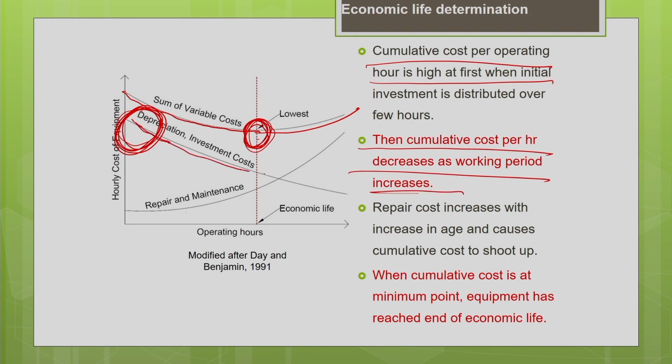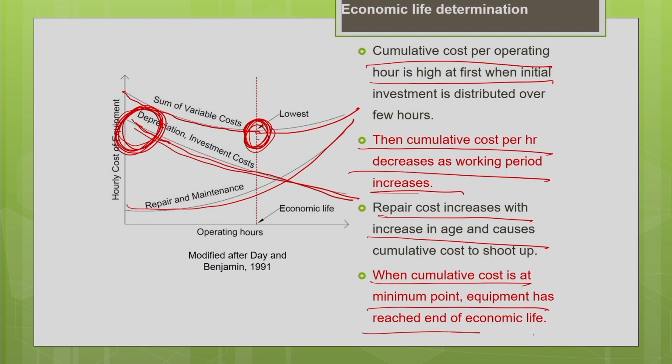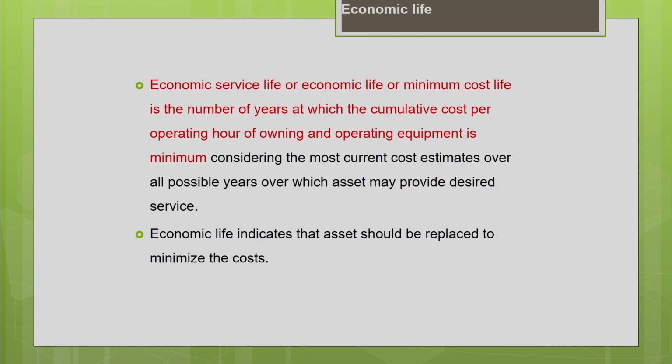Okay, as the working period increases, you can see the cumulative cost is decreasing. The repair cost increases with increasing age. So when the cumulative cost is at the minimum point, it means the equipment has reached the end of the economic life. So it has reached the minimum point here. So this is your economic life. This is the optimum replacement time for your machine. So what is economic life?